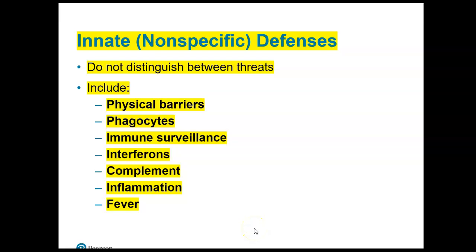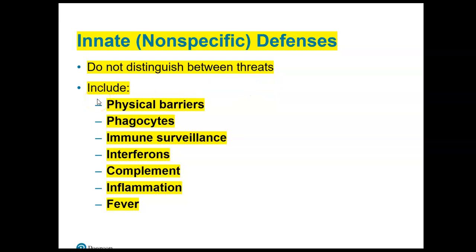We are starting with slide 38, and we're going to begin by summarizing the innate or non-specific defenses. First of all, the innate defenses do not distinguish between threats. Basically, just anything foreign, anything potentially dangerous or harmful, the innate defenses will attack.